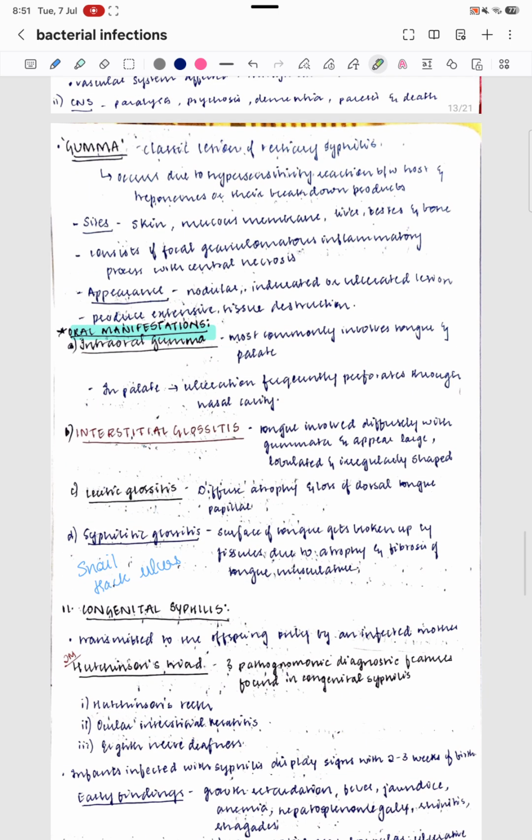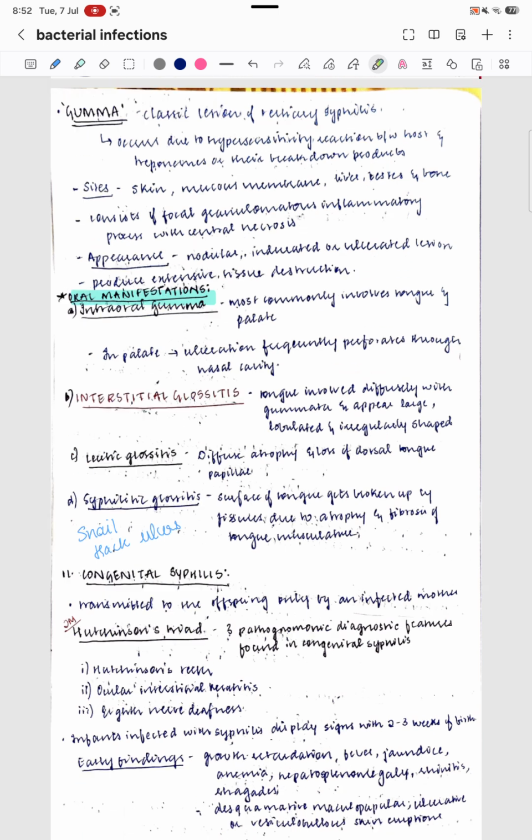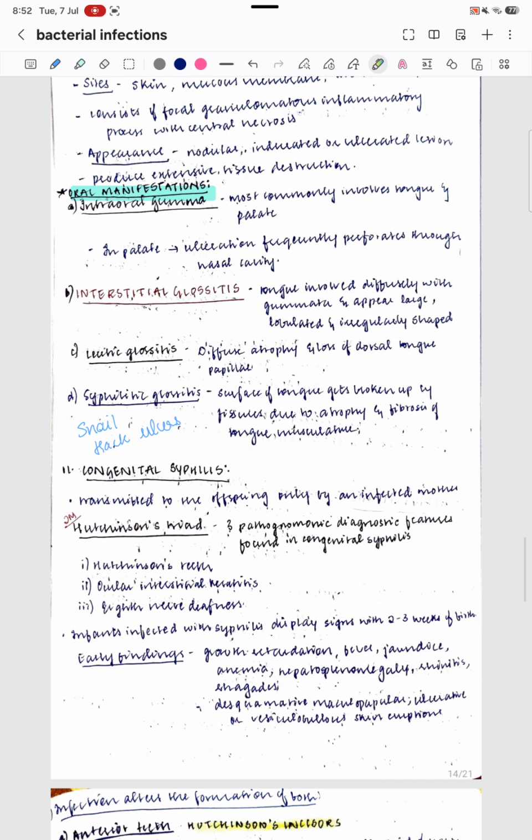So the gumma occurring on the tongue is called interstitial glossitis, and gumma is a hypersensitivity reaction occurring mainly in tertiary syphilis. It occurs on the skin and mucous membrane, is nodular and indurated, and has an oral manifestation, the intraoral gumma, which occurs in the palate, and interstitial glossitis, which involves the tongue.